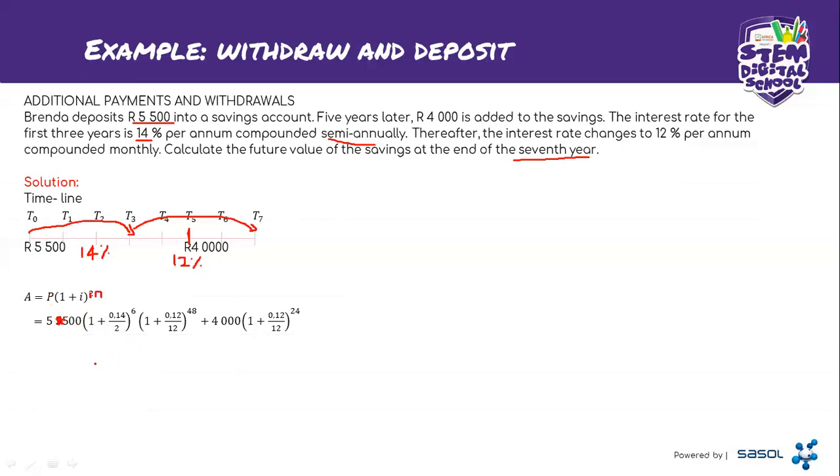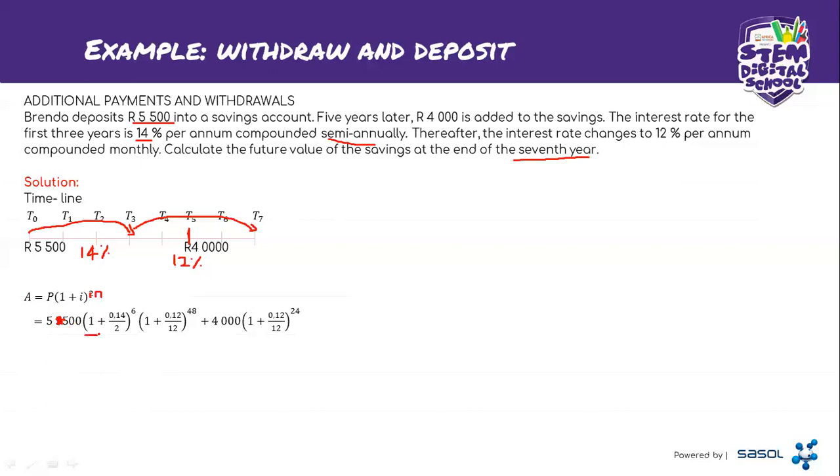I think you can use your calculator at the end of everything, after I explain, to verify the answer that I got. So the deposited amount, the initial money, was 5,500, not this one.